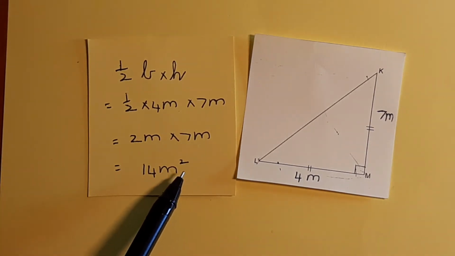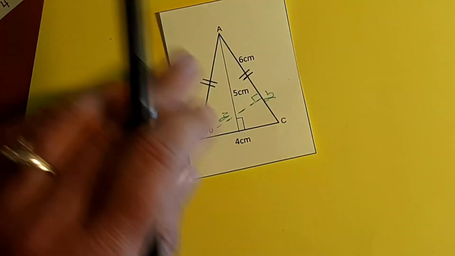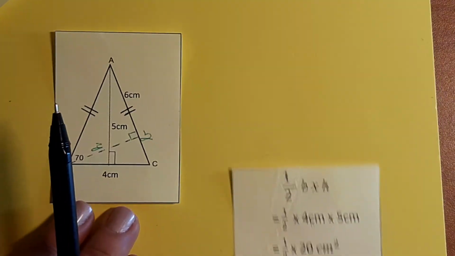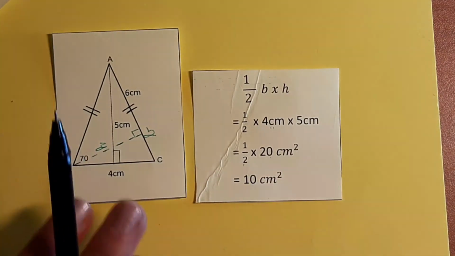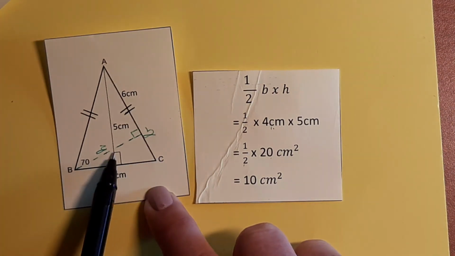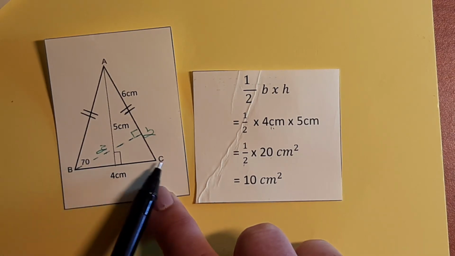When you have an isosceles triangle or any other triangle, here is an example of an isosceles triangle. When I look at that one, my perpendicular height, they made the sketch there. There's my perpendicular height. So to get my perimeter, I will add the sides.